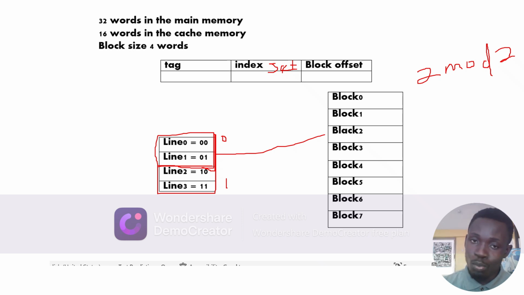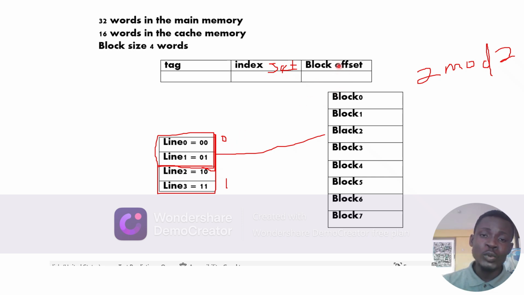So this block of sets here would direct us to the specific set, either this set or this set, where we are looking for our address.